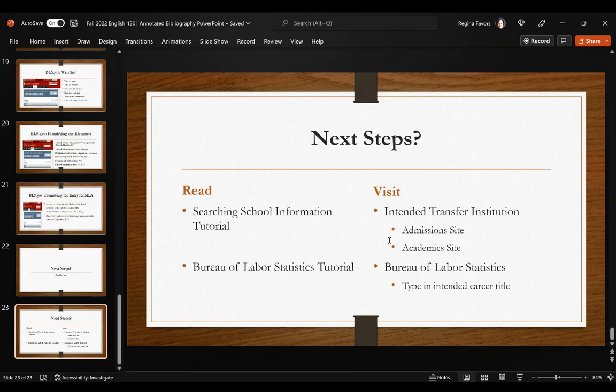I will not do an audio version of those, but I will create an audio version of how to conduct a search. And then, of course, visit your intended transfer institution. You are spending time on two sites: the admissions site of the institution, as well as the academic site. And then visit the Bureau of Labor Statistics, type in your intended career title, which I will try to do, and then create a version of that. So this is the annotated bibliography.